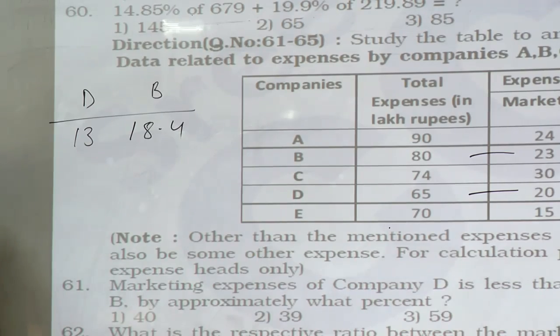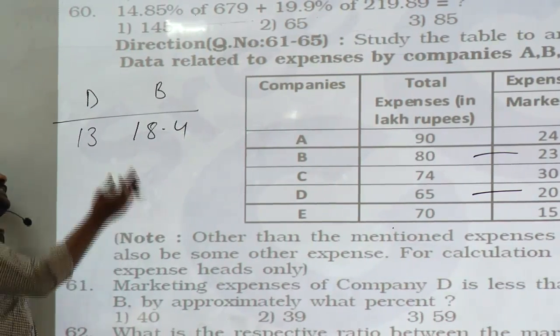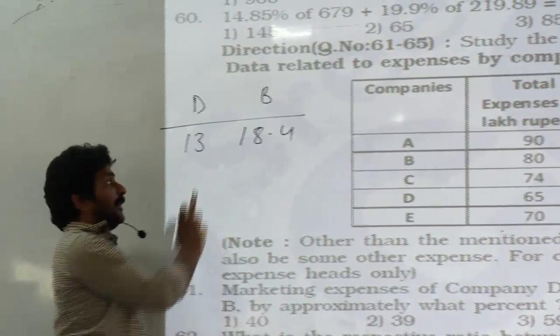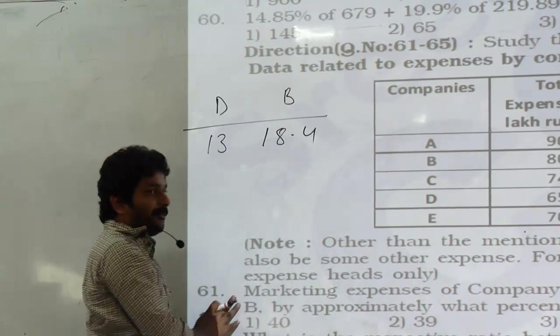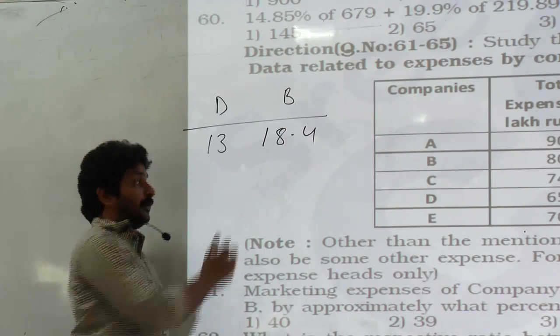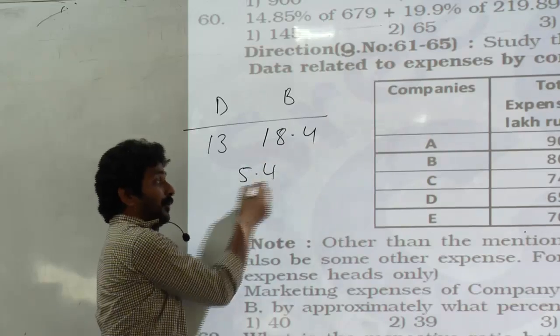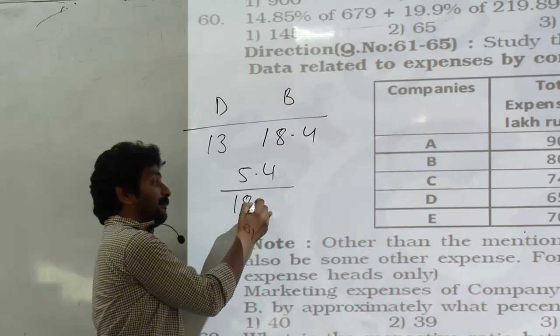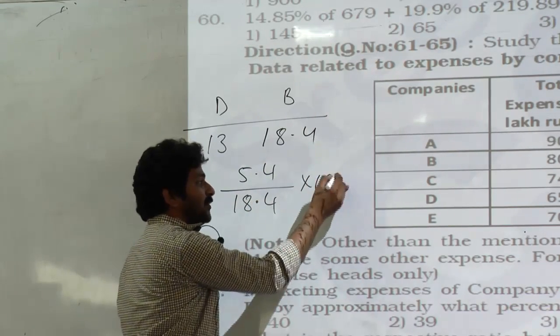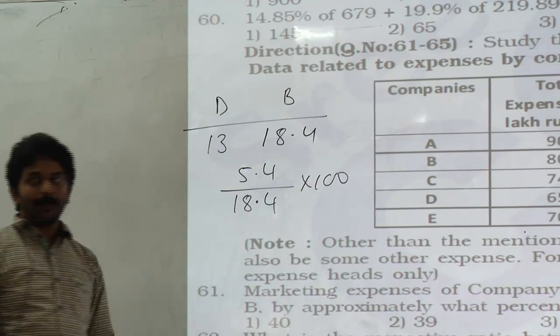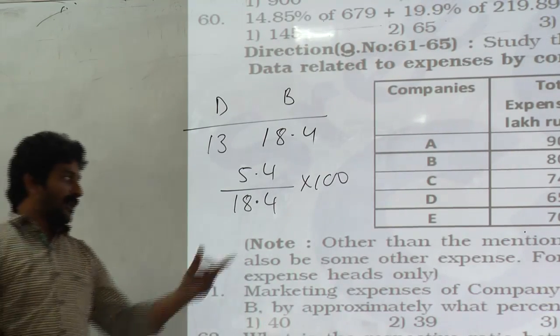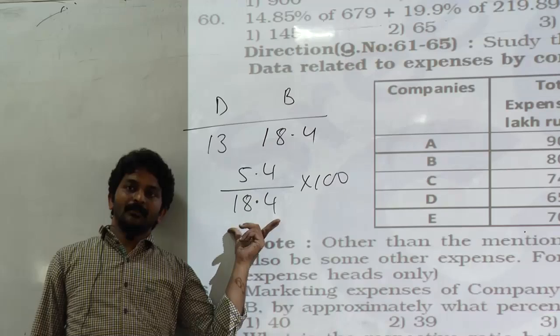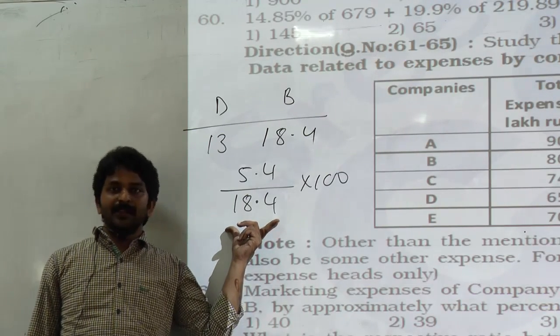Now your question is about 13 is how much percent less than 18.4? 13 is how much less than 18.4? 5.4. 13 is 5.4 less than 18.4, percentage, right? So into 100. Approximate percent they said. What is 10% of denominator? 1.84.